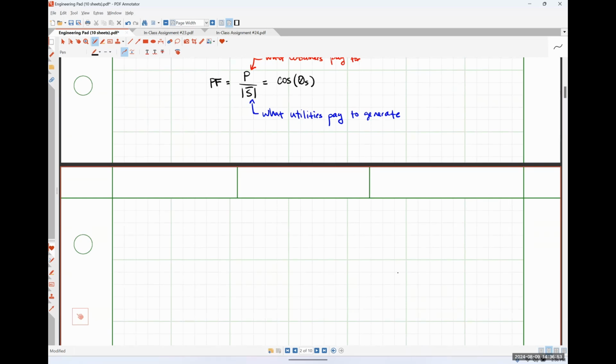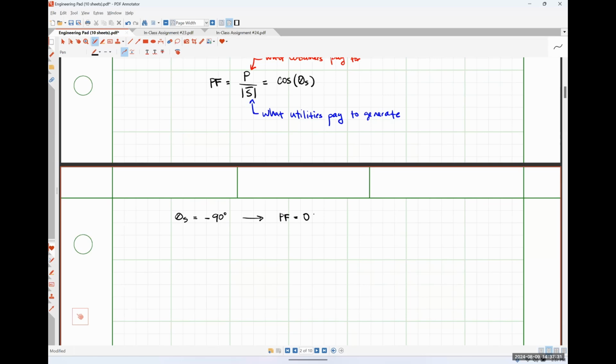So let's start by looking at what happens when theta s is equal to, let's say, negative 90 degrees. What would our power factor be if theta s were negative 90 degrees? It would be 0. So when theta s is negative 90 degrees, our power factor is 0.